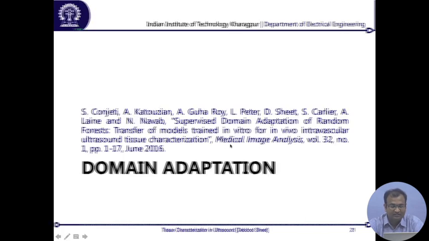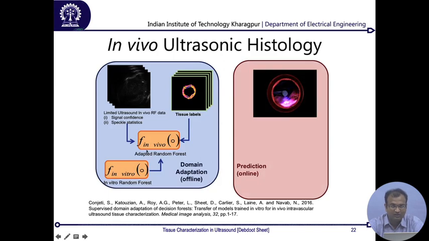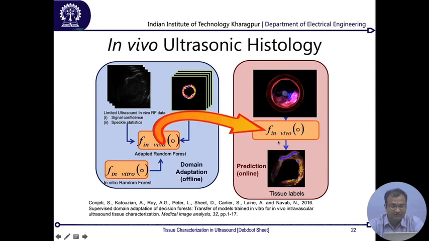So we have this whole idea that once you have the trained model which is in vitro trained, then we need to do some sort of an adaptation, and for this adaptation we make use of a very small number of samples coming in vivo, but you don't necessarily have a histology for that. So you just have in vivo acquisitions, and the whole idea was how, in an unsupervised way, can you adapt these models when you don't have a tissue characterization, so the ground truth labels available in any of them.